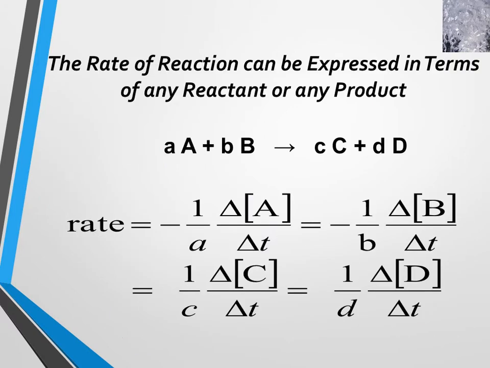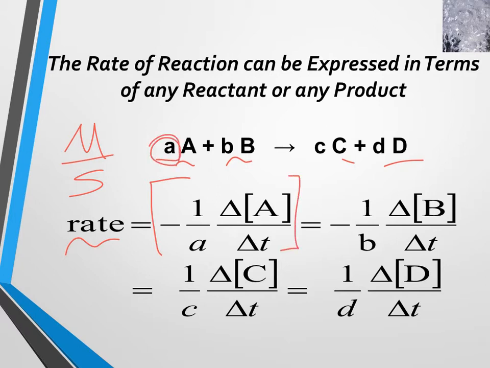So here's the generic expression. Now, this is the rate of a reaction. Again, in the next lecture, we're going to be talking about rate laws, which are different. So please understand that the rate is change in concentration over time. That's going to be different than rate laws. So if you're comparing the rate with respect to the different reactants and product, again, here's the generic formula.